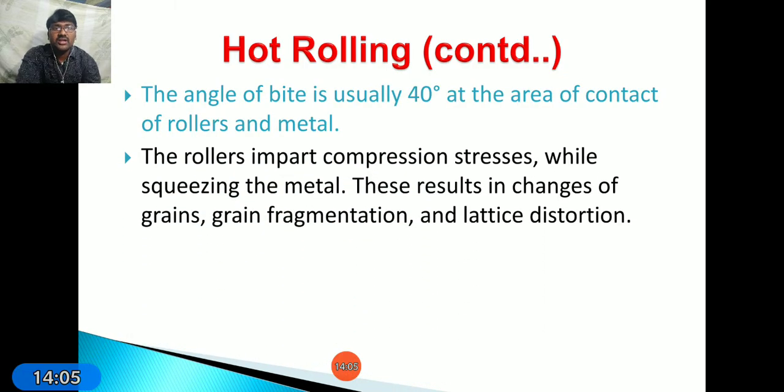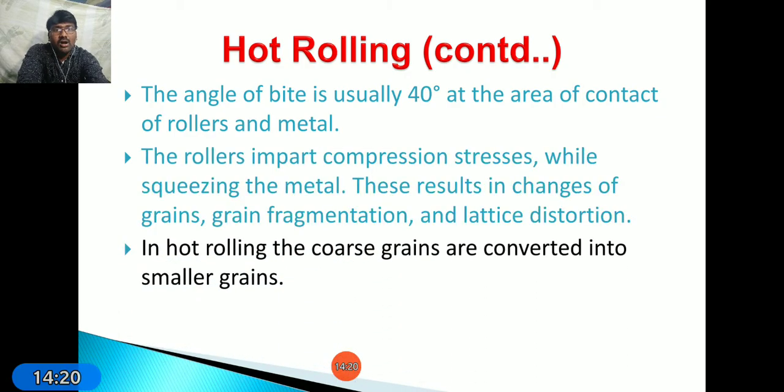Next, the rollers impart compression stresses while squeezing the metal. These result in changes of grain fragmentation and lattice distortion. In hot rolling, the coarse grains are converted into small grains, because a small amount of compression force is applied compared to the cold rolling process.